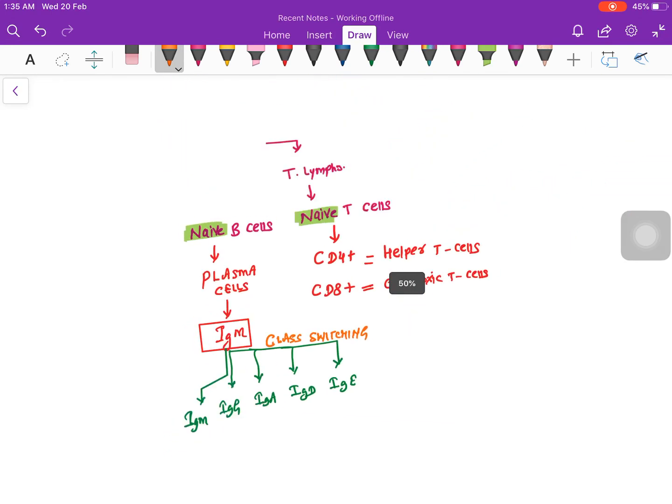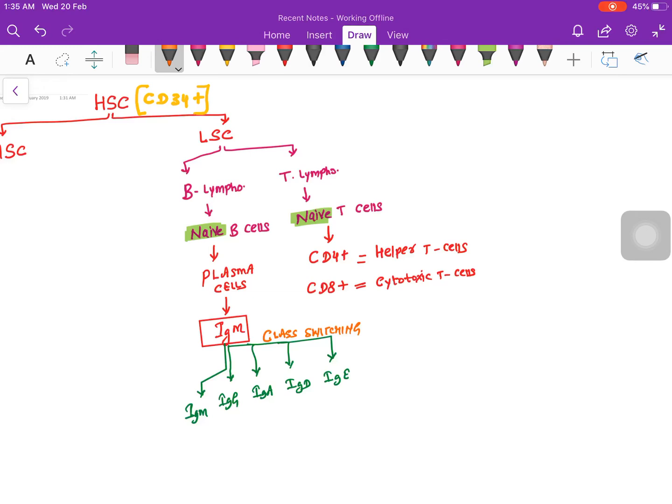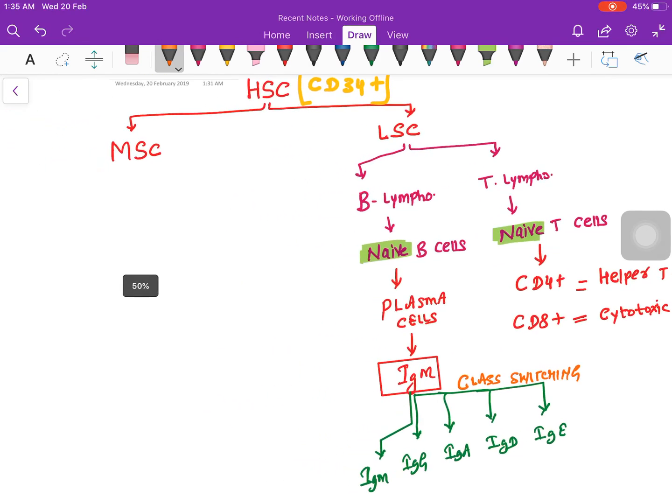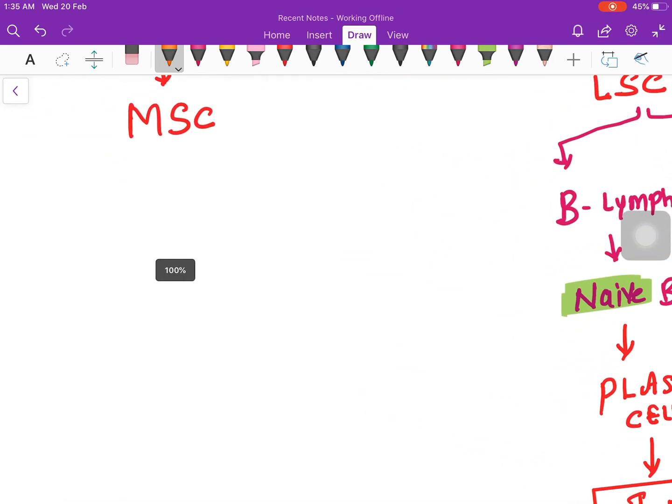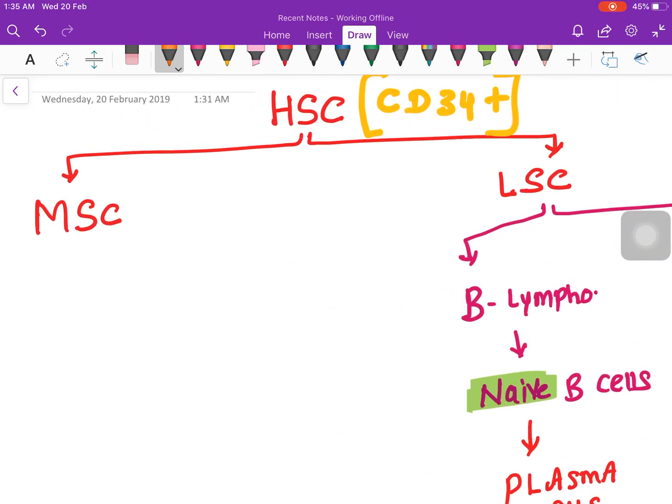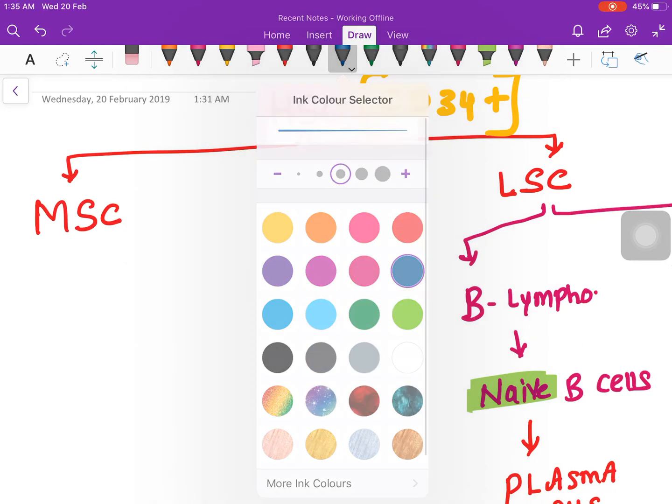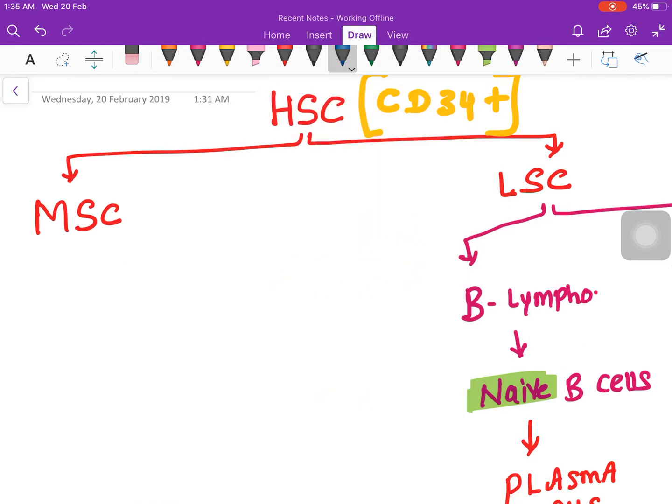So this is about the cells which are derived from lymphoid stem cells. The second type of cells that we need to discuss is myeloid stem cells. These myeloid stem cells can be of different types. They are basically of four types.